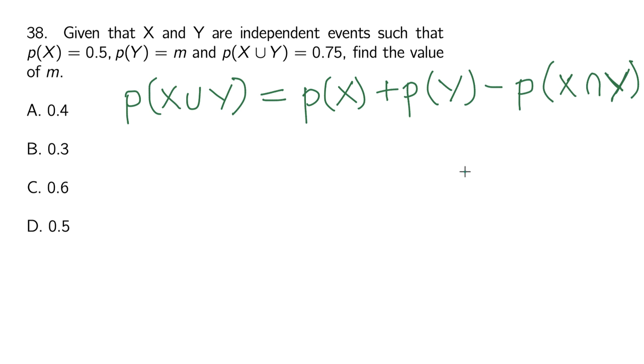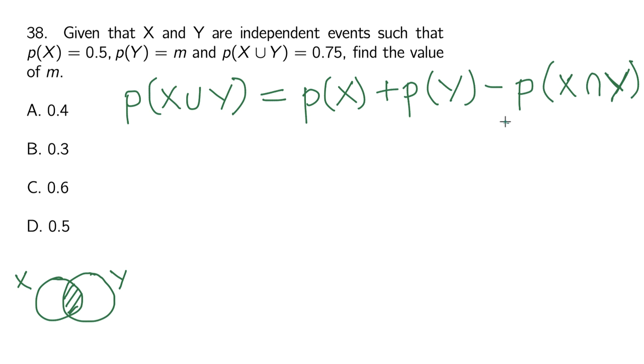This follows directly from a Venn diagram. If you have x and you have y and they intersect, then if you want to find the union, you see that the union has to include x, has to include y. However, when you include the whole of x and the whole of y, you will have included the intersection, which is this, twice.